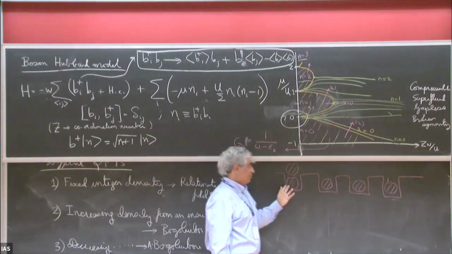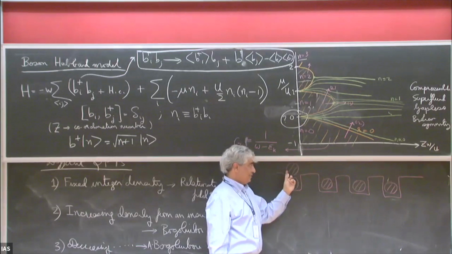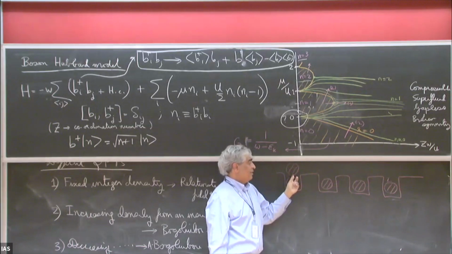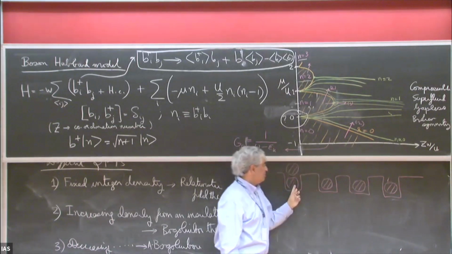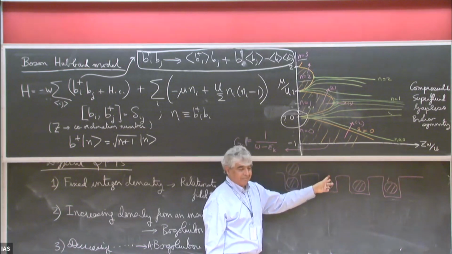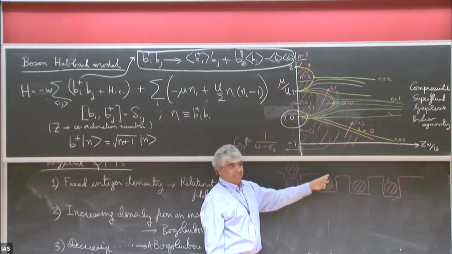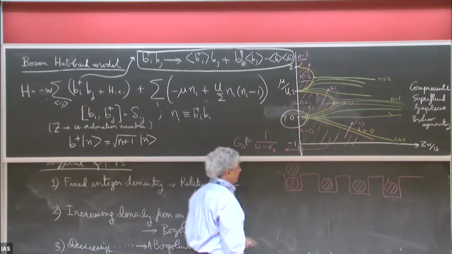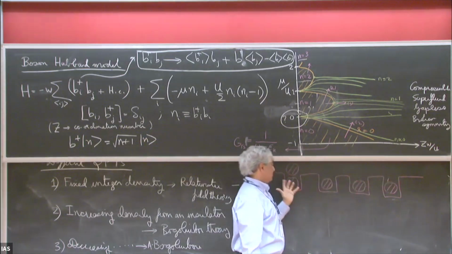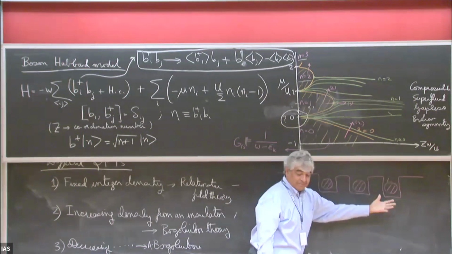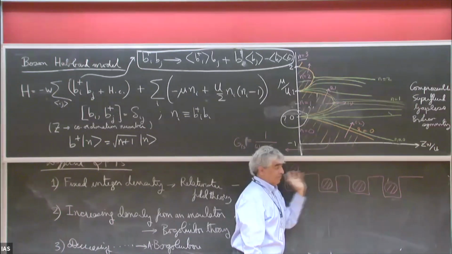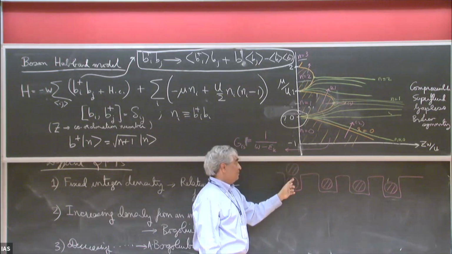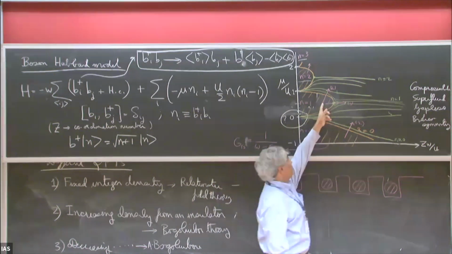So to leading order, I can just forget about these bosons here and just consider the extra boson. And that extra boson that's moving around, the only effect of these stationary bosons will be that its hopping matrix element will be larger by a factor of 2 because of this Bose enhancement factor, the square root of n that I wrote here. But other than that, the fact that there is this insulator sitting around doesn't change anything. And this thing can just move around. And so the Bogoliubov theory, the theory of dilute bosons, applies to this extra boson. And that's kind of how you understand this result.